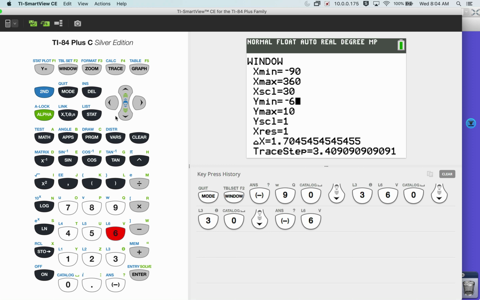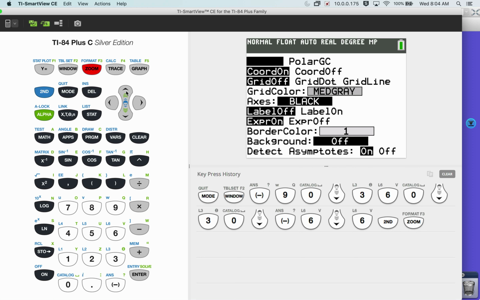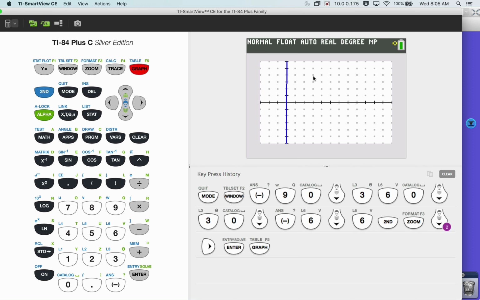And then y going from -6 to 6 with boxes every 1. Could be useful to turn the grid on. So second, zoom, grid. I like grid dot. You don't have to do this, but that way we're going to have some extra lines to help guide where these waves are going.